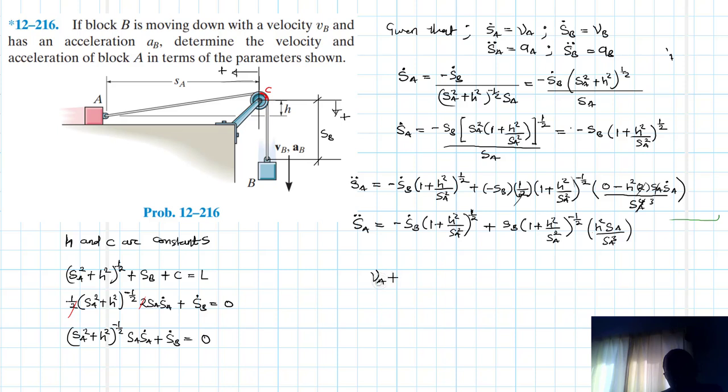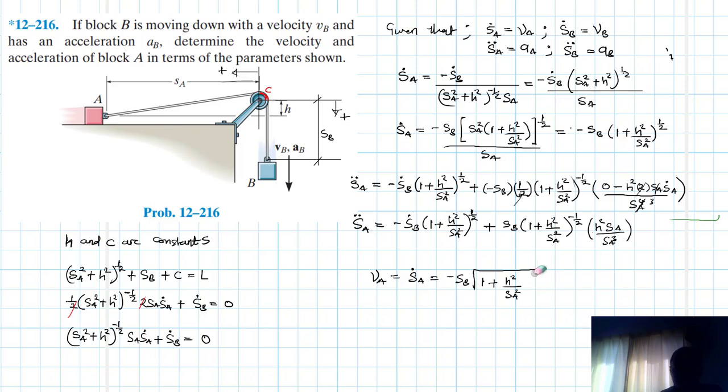We have our VA, which is equal to SA dot, which is just equal to minus SB, 1 plus h squared divided by, okay, let me just use the root, minus SB square root of 1 plus h squared divided by h squared like so.